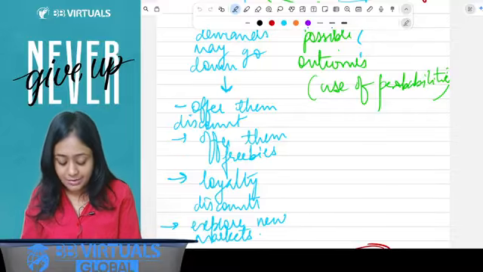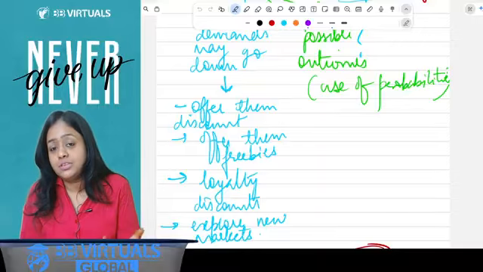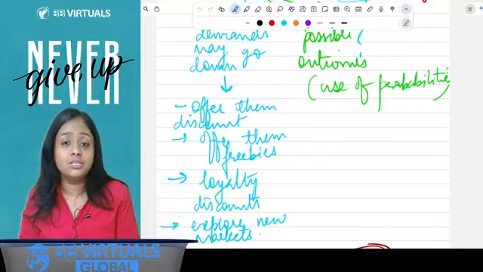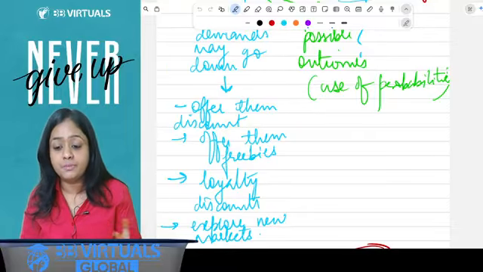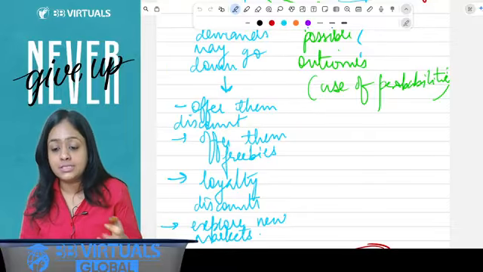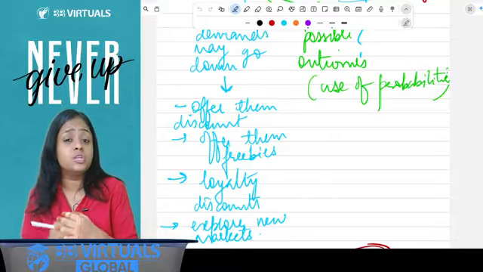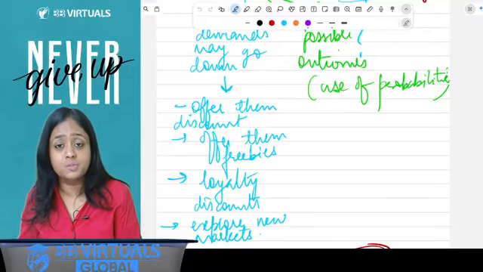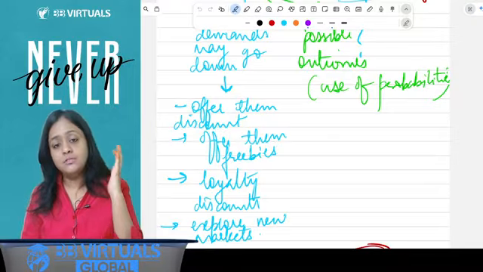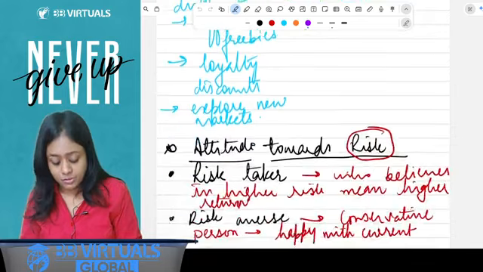Now risk is generally that if the sales can go down, then we offer good discounts to the customers, we offer them freebies, we offer them loyalty discounts, and we also explore new investment opportunities, new markets to expand our customer base, so that we can mitigate and reduce the risk.